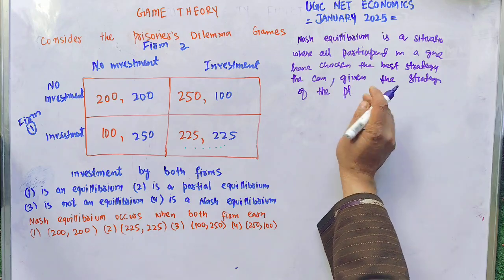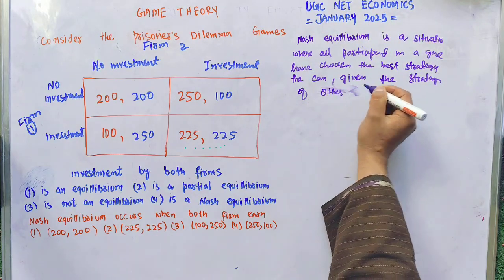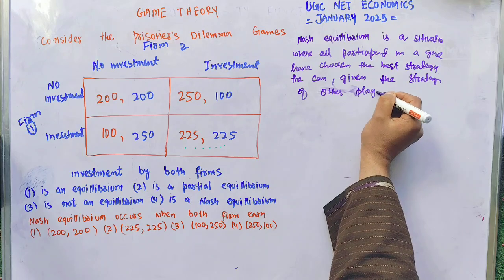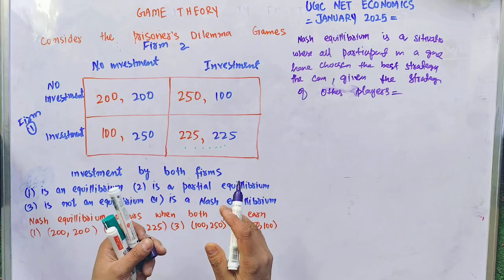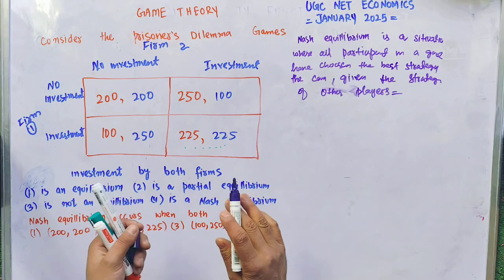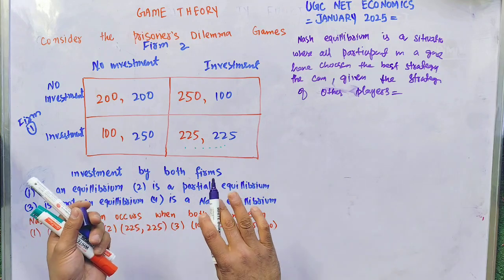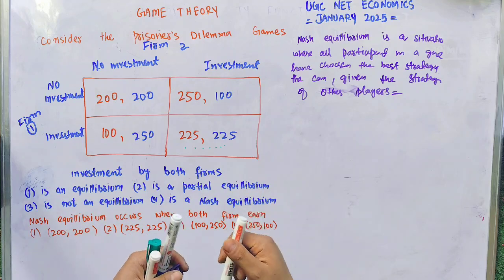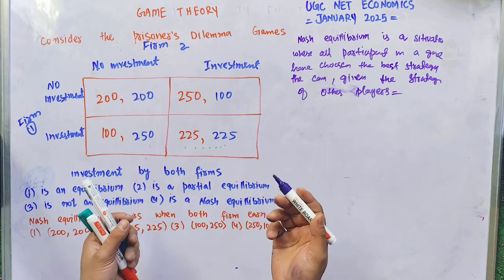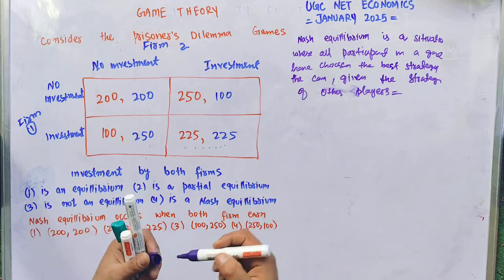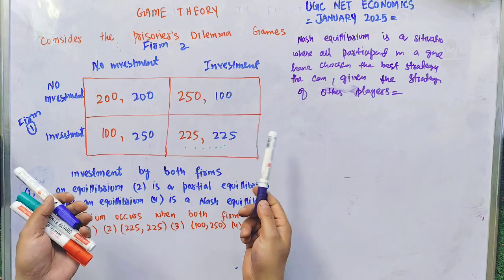What do we mean by this? Simply, that is the optimal strategy chosen by one player given the other player has also chosen his optimal strategy. That gives us a kind of what we call an equilibrium, and then we call that very equilibrium Nash equilibrium. Okay, so let us first see what exactly the Nash equilibrium is.